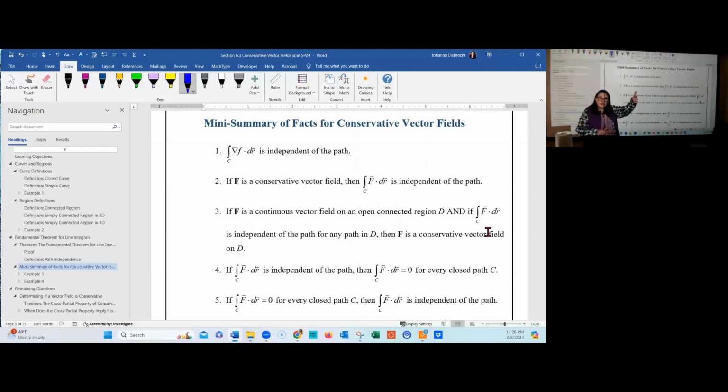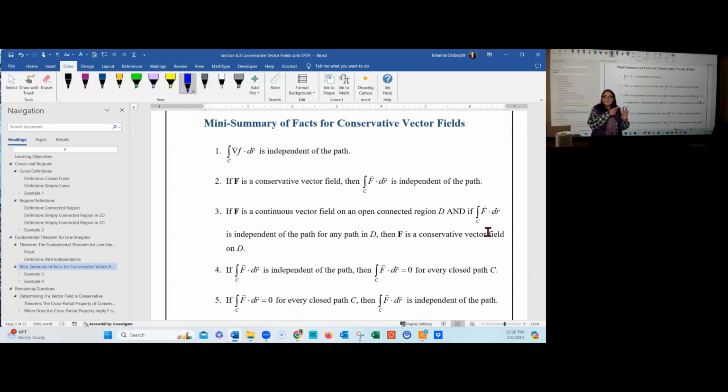If I have a continuous vector field on an open connected region, 3 conditions, and a 4th condition, it is independent of path for any path, then it must be conservative. Being path independent alone is not enough to guarantee that it's a conservative vector field.